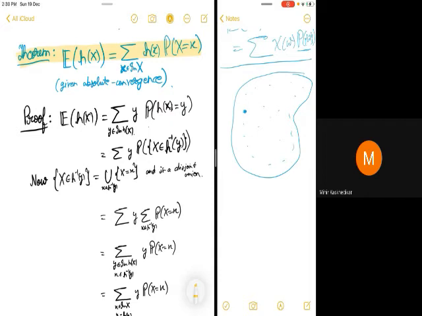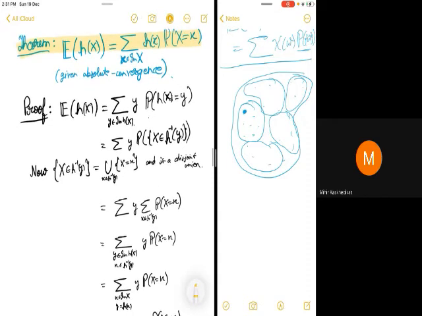So we want to sum all these values multiplied by the probabilities of each value. But this sum might not be defined because it might be uncountable, which is why we restrict to some special sets so that these sets are countable and we can define the sum in an easier way.